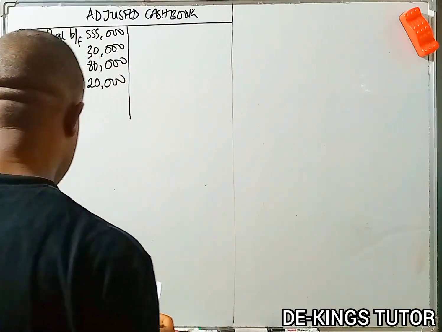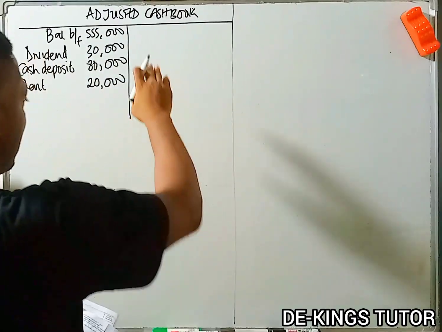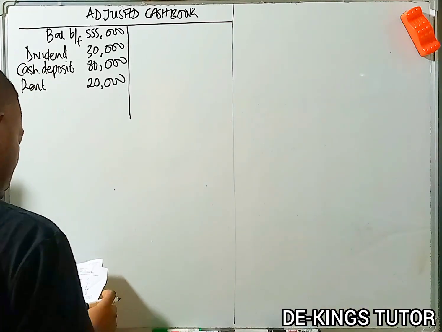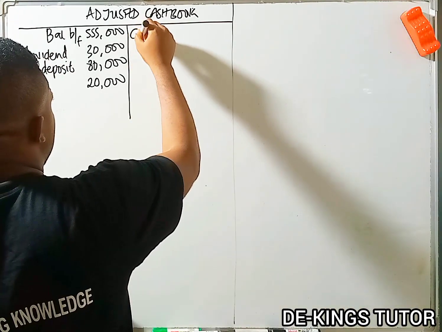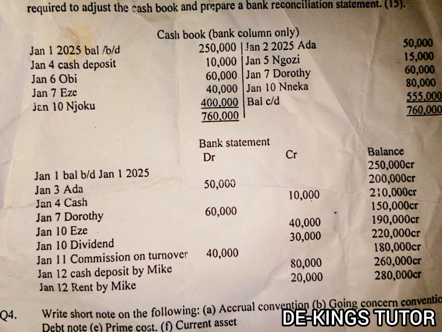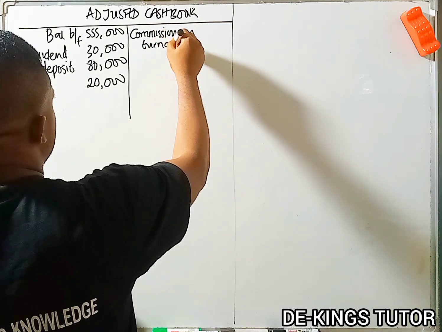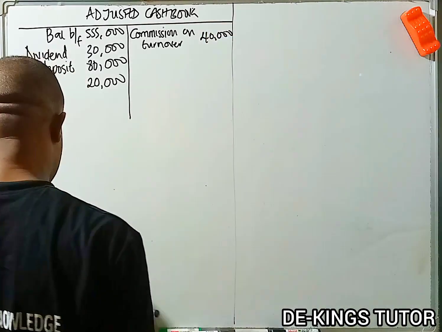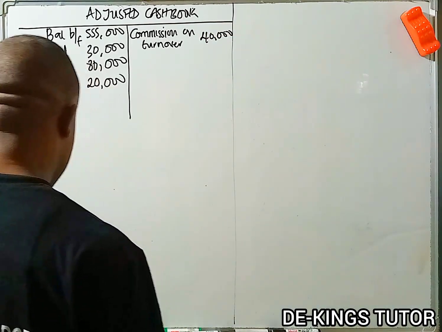So that is that. Now we're going to list those items that appear on the debit side of the bank statement, but are not on the credit side. So the only item we have there is commission on turnover, and it is 40,000. Okay, so that's all.